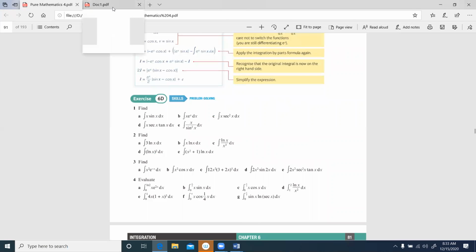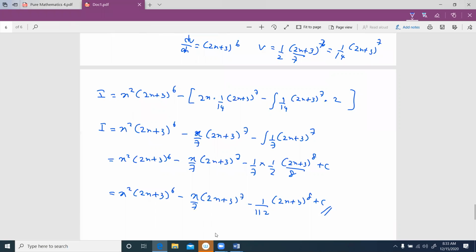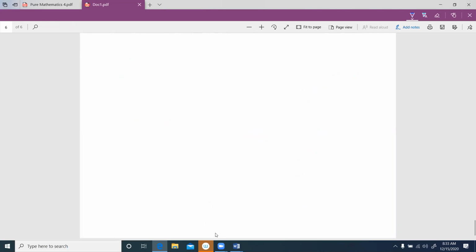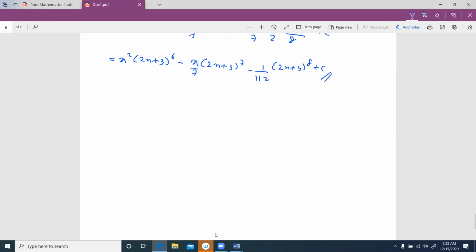It's not that hard for you to manage. Yeah, x e to the power 2x. The question is x e to the power 2x from 0 to ln 2.